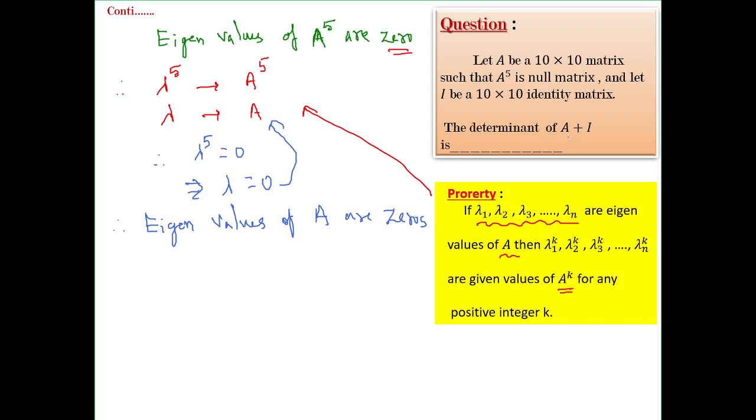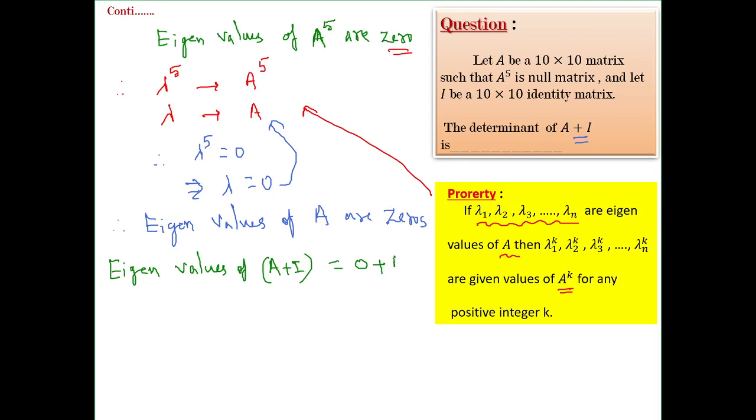But my question is, what is the determinant of A plus I? Before that, I want the eigenvalues of A plus I. The eigenvalues of A plus I are the eigenvalues of A, which we just computed as zeros, plus the eigenvalues of I. I is the identity matrix, and the entries on the principal diagonal are only ones, so the eigenvalues are ones.